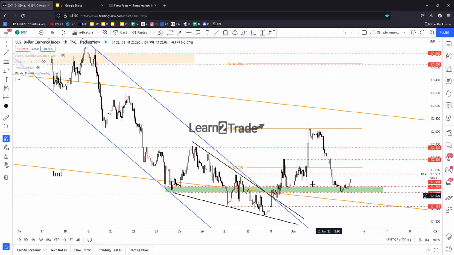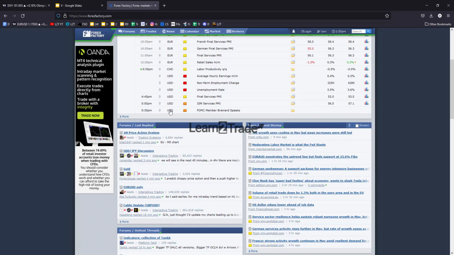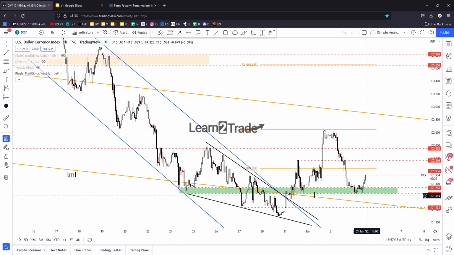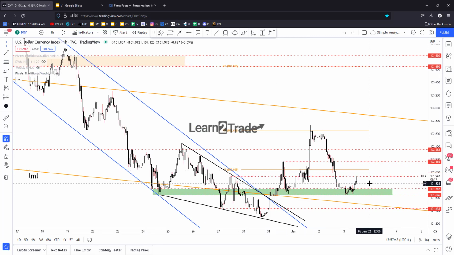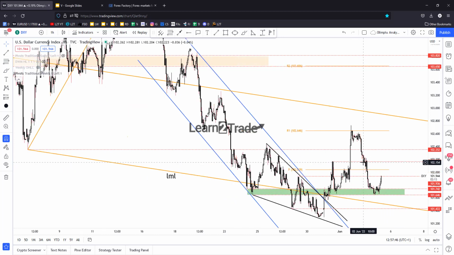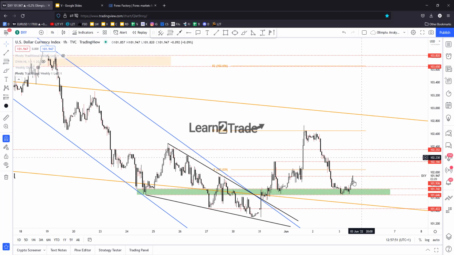And right now it tries to rebound ahead of the US economic data, only because the investors and traders are expecting positive economic data from the US later today. If the US data comes in better than expected, or in line with expectations, maybe the dollar index could come back higher, at least towards this key level 102.35, and this scenario could force the US dollar to appreciate versus its rivals.